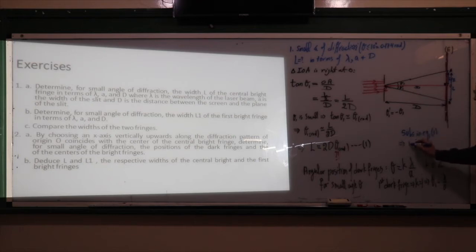This implies L equal 2D lambda over A. So I can write L equal 2D lambda over A. And this is the length, or the width, of the central bright fringe in terms of D, lambda, and A.